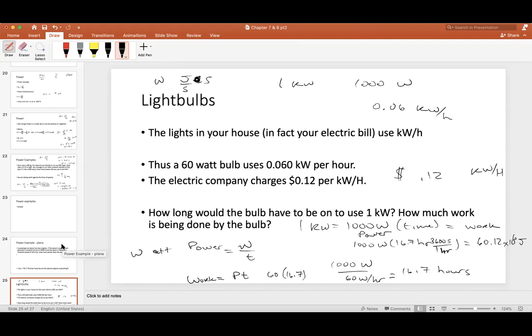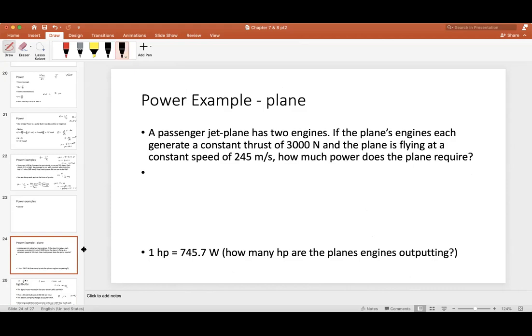So that would be 60 times 3,600, which would be 2.16 times 10 to the 5th joules if you left a 60-watt light bulb on for an hour. That seems like a huge number, but you already know that that's really not that big of a deal. Kind of weird, right?